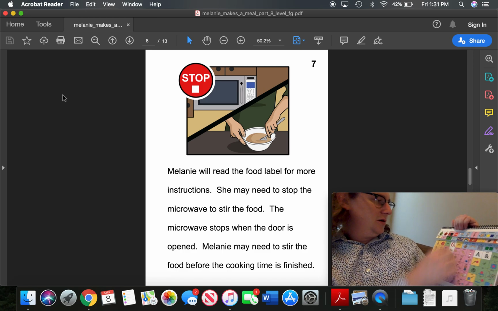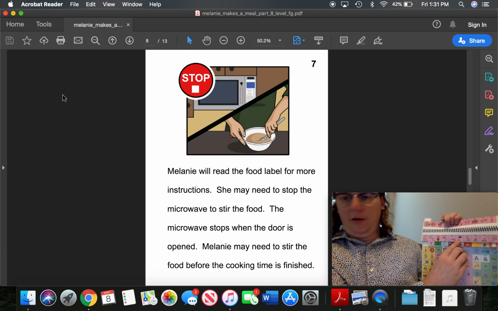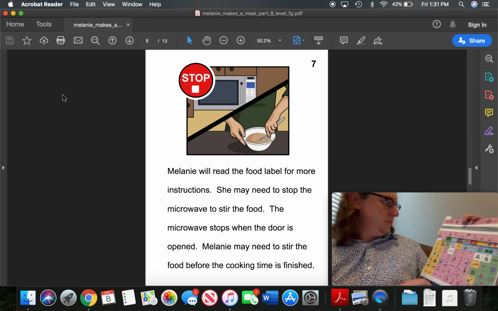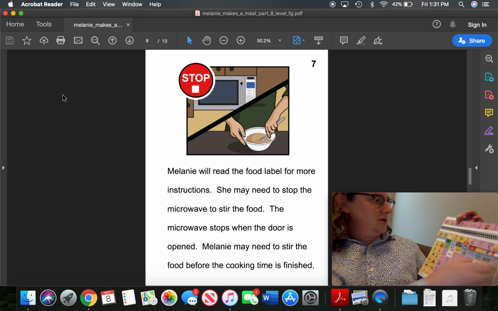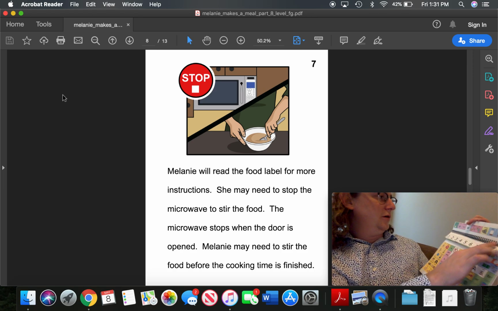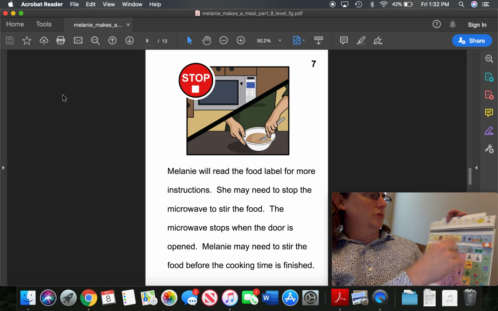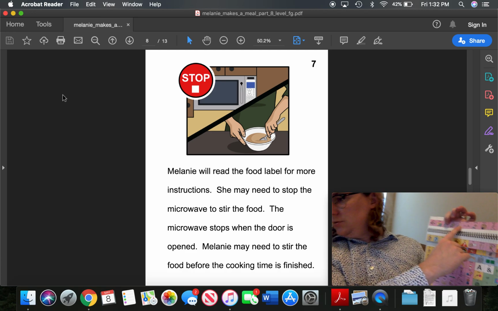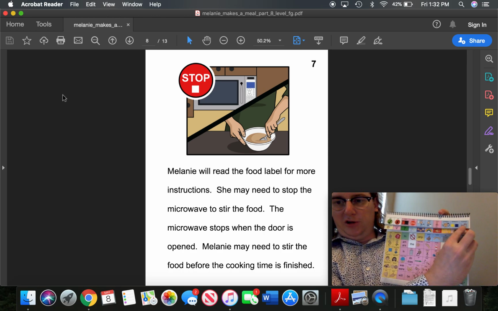It stops when opened. And you can just say, open. She stirs. No, before was on here. Where were you? She stirs, or you can say next. She stirs. Then you can say it finished.